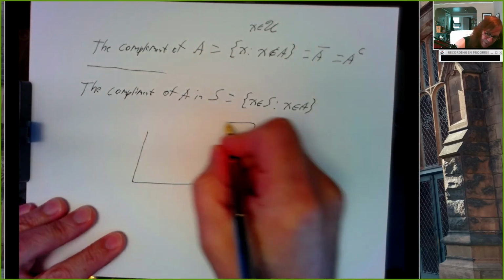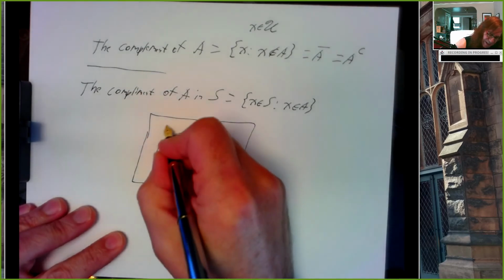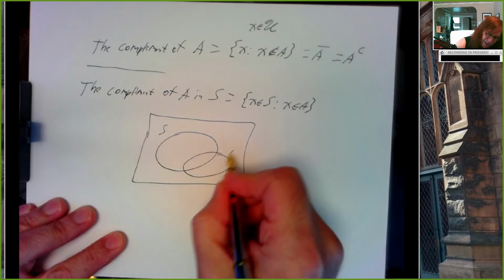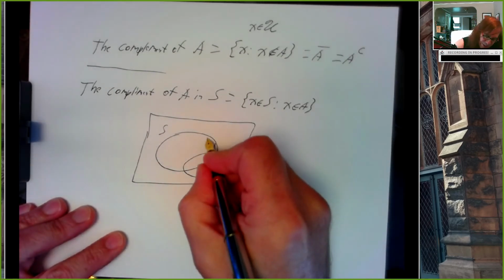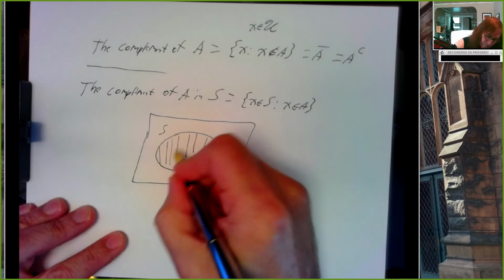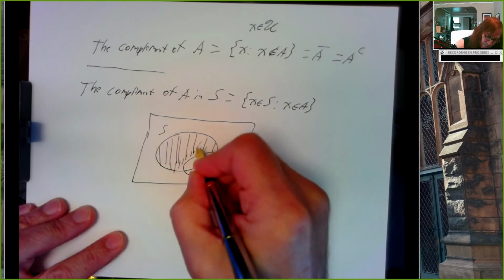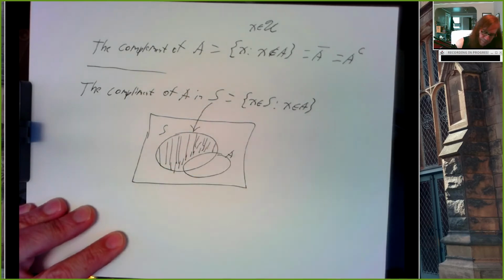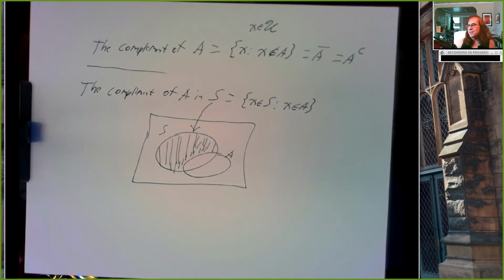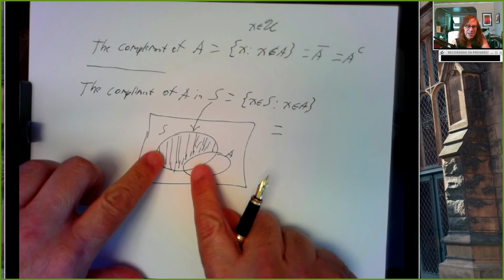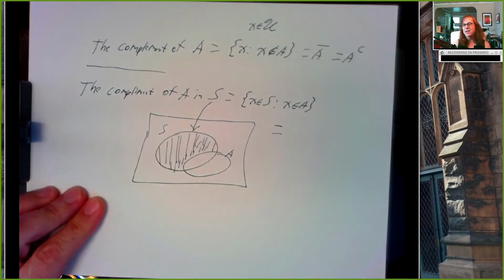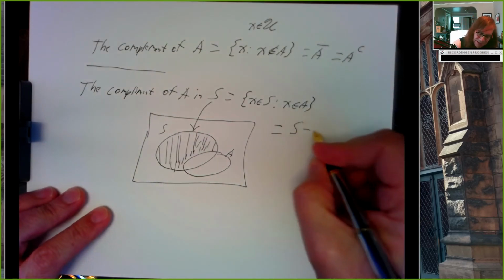For example, if this is our set S and this is our set A, then what would the complement of A in S be? It would be all of this stuff. It's the stuff that's in S but not in A. And so this kind of looks like start with S and take away the things that are in A. And so this is sometimes looked at as subtraction. S take away A.